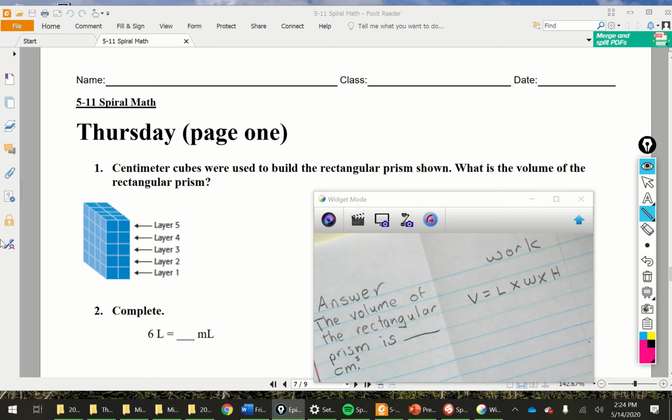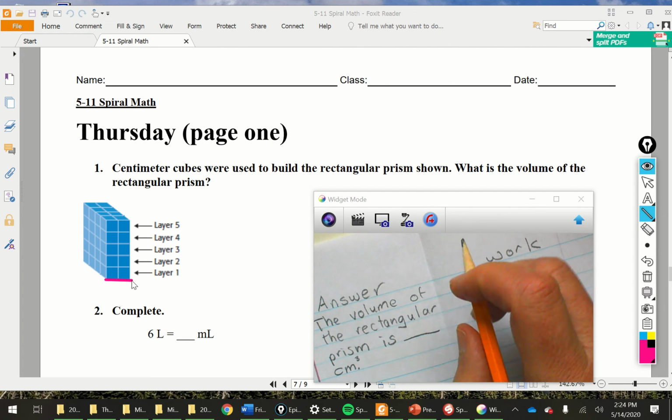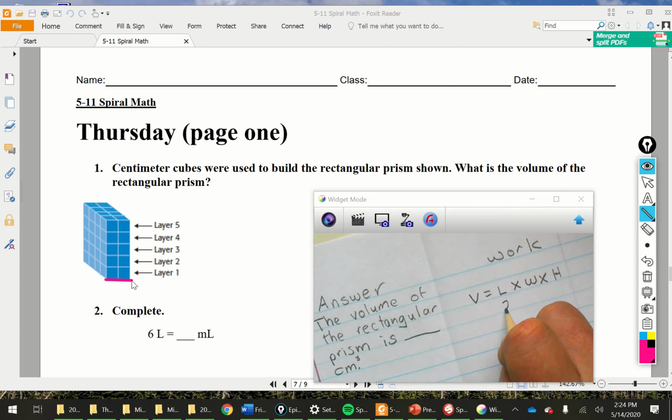So what I need to do is I find the length, which is side to side right here, and that is 2 centimeters long. There's 2 cubes. The width, which is front to back, it is 1, 2, 3, 4 centimeters. So the width is 4 centimeters.